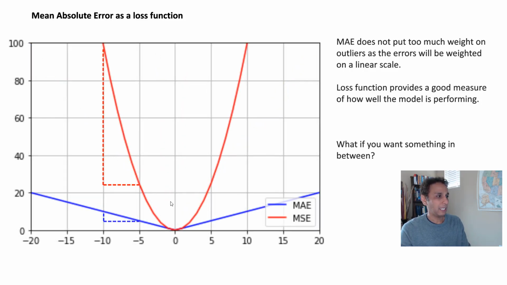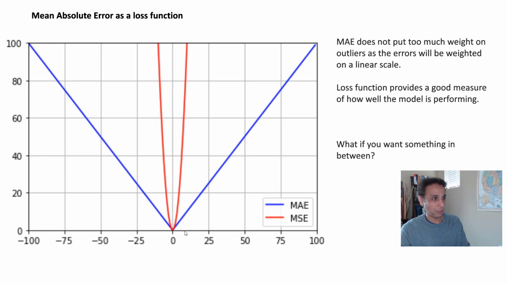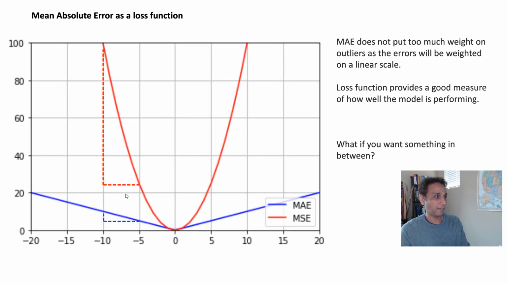Let's zoom in right around that area. If you look at the same error as before, where my data point is that much away, the weight that mean squared error gives is all the way up here, and the weight that the mean absolute error gives is pretty much down here, so not much weight. Most things are almost equally weighted or given equal importance.